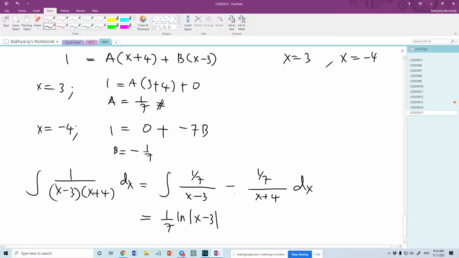Negative 1/7 log x minus 3 minus 1 over 7. 7 into the x minus 3 means here you want to substitute here.